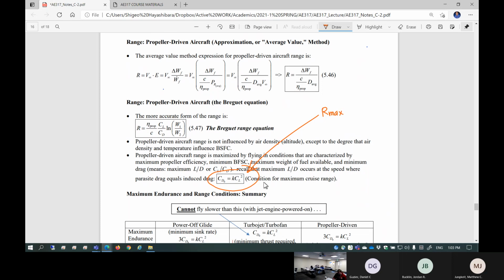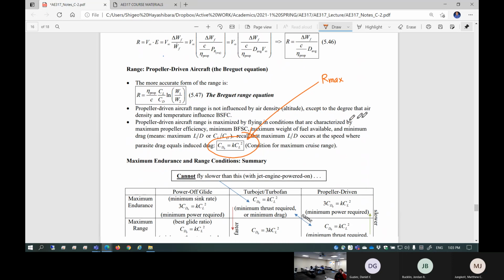Isn't this the condition for maximum endurance for turbojet, turbofan? Yes, but this is a propeller-driven airplane, so it's different. So I'm confused completely. For turbojet, turbofan, this is the condition for maximum endurance, but for the propeller-driven airplane, this is maximum range. Wait, what? Okay, so you're confused.